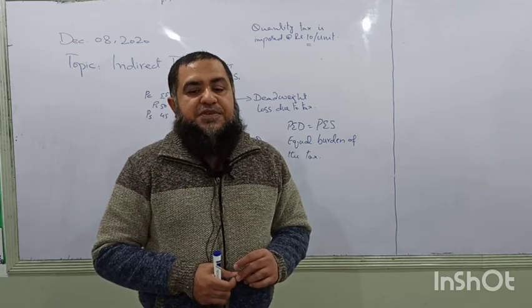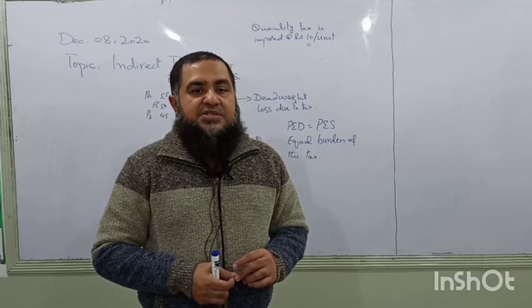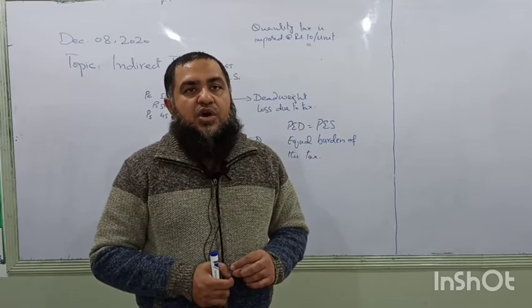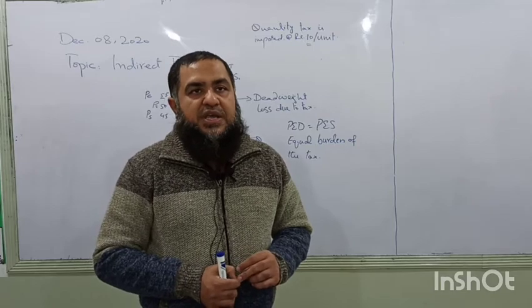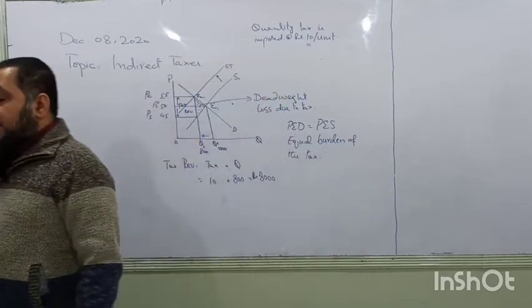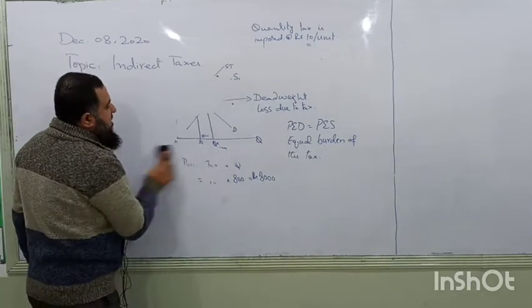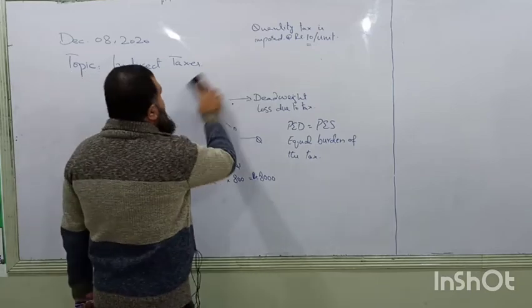Okay, the shifting of burden from sellers to the buyers, that is called tax incidence, that how much burden is borne by each one, that is called tax incidence. Now I am erasing this diagram and will be drawing a new one where the difference of elasticities will be present.